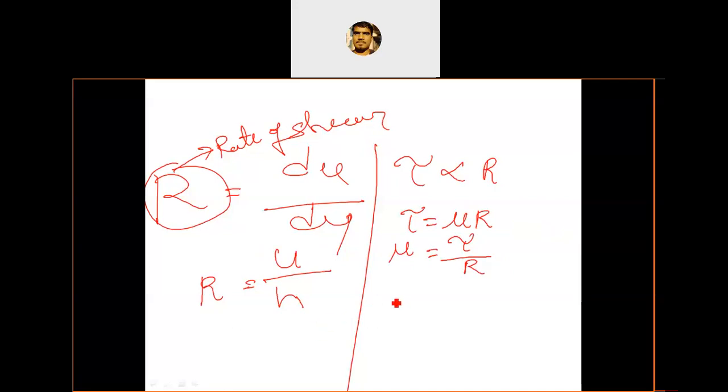Then for the same mu, tau we already know is shear stress.